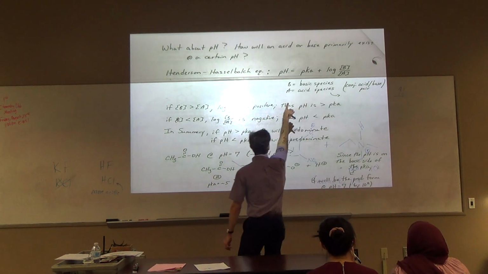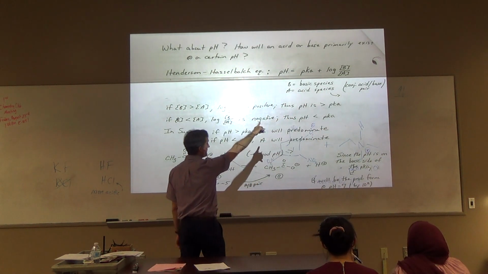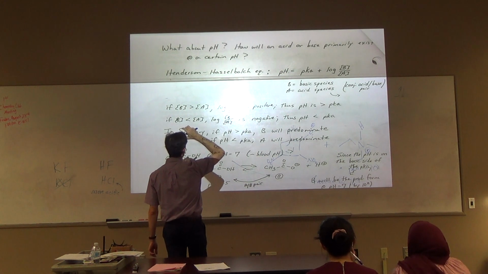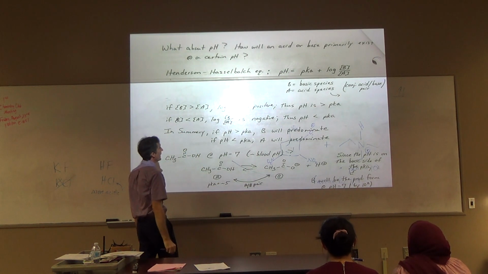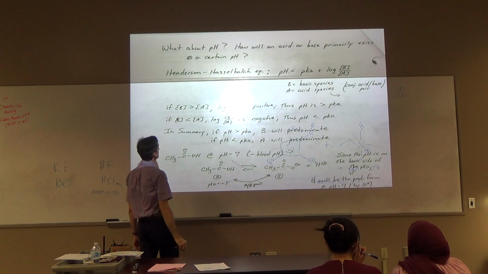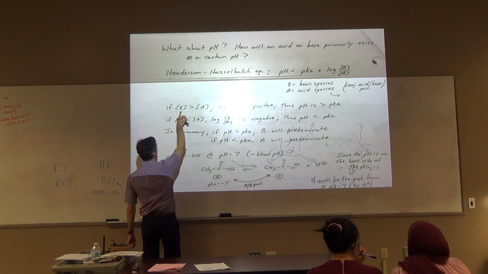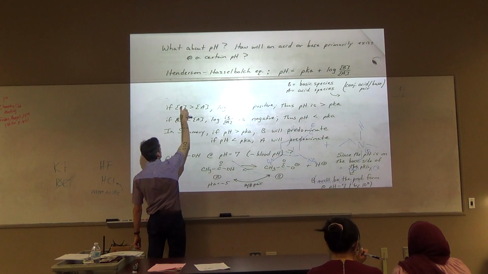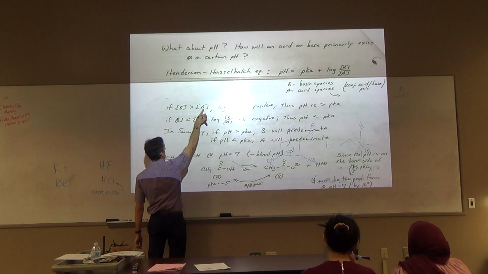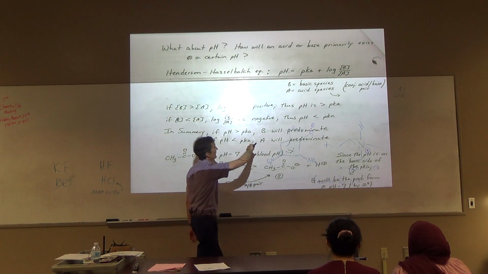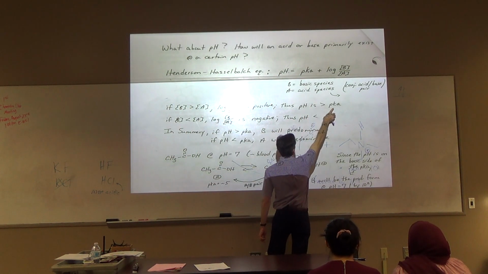Now the take home is, if you look at the simple math and know what a log is, if the B component is at higher concentration than the A, the pH is greater than pKa.